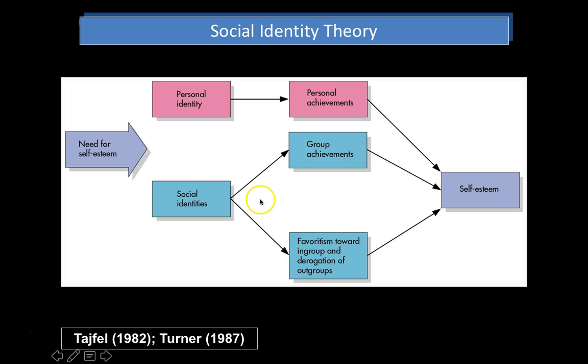And we also tend to show favoritism toward our group, because that's part of our self-esteem. Of course, we're going to be partial toward our groups. It helps our self-esteem, but sometimes we also accomplish that by derogating out-groups to make ours look better. And here's where we get into the problems of prejudice.